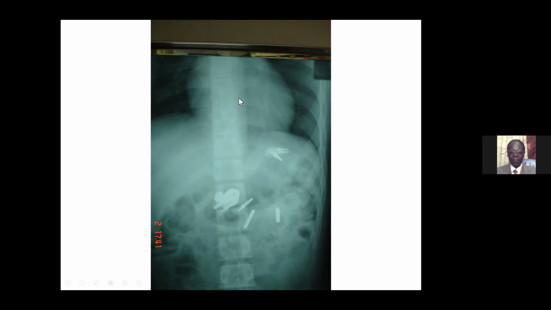So here, the idea was to make sure that the esophagogastric junction is covered, because the patient was feeling pain around the sternum. And now we can see some foreign bodies below the left hemidiaphragm.